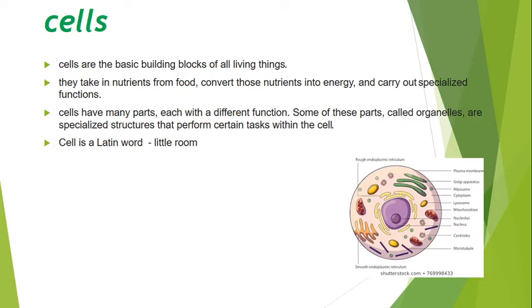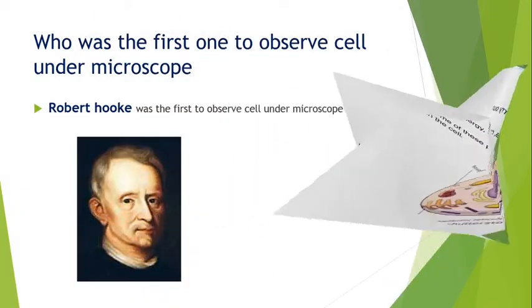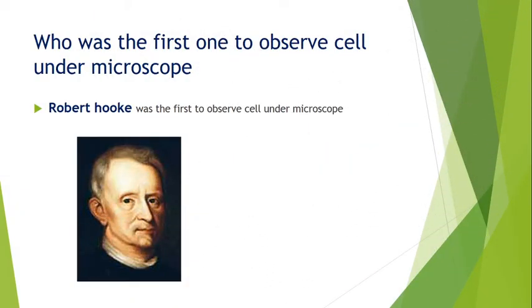Robert Hooke was a scientist. This is Robert Hooke. He was the first one to observe cells under a microscope. Actually, once he tried to observe a thin slice of cork. You know what is cork? Cork is a substance which comes from the bark of a tree.